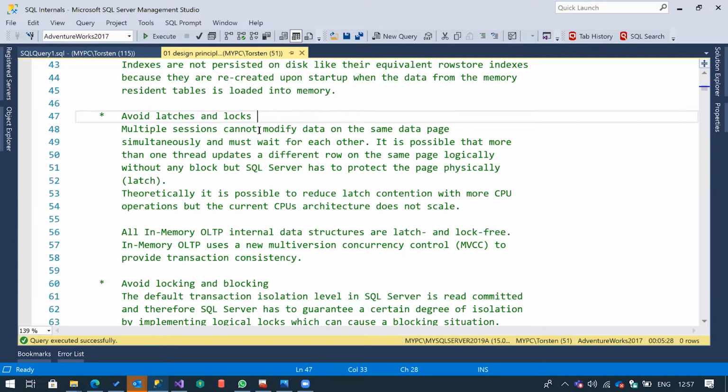We have very, very fast CPUs available compared to, I don't know, 10 years back, but they are not so fast that they completely eliminate the need for page latches. Page latches are, by the way, also something which you very often see in TempDB, because TempDB is nothing else than a database which is shared by all user databases at the same time.